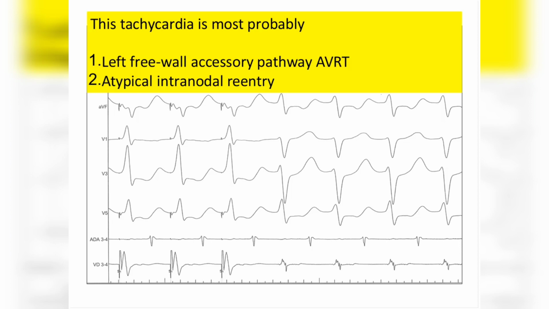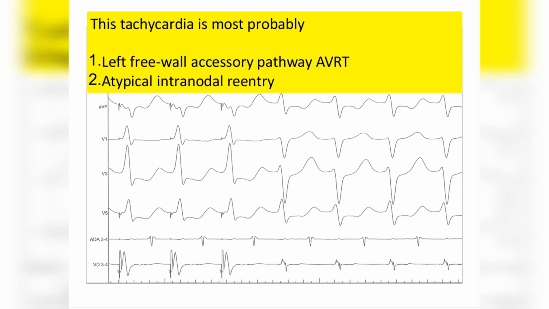Okay, very good. We got 71% of you who said it was a left free wall accessory pathway mediated tachycardia. This is very good of you to mention that, because we didn't mention before that we could also pace the left ventricle. We said that pacing from the right ventricle, there is no fusion in left free wall accessory pathway mediated tachycardias.